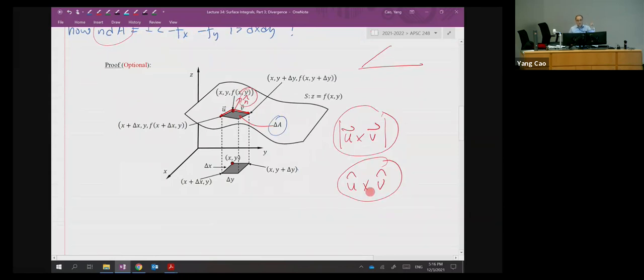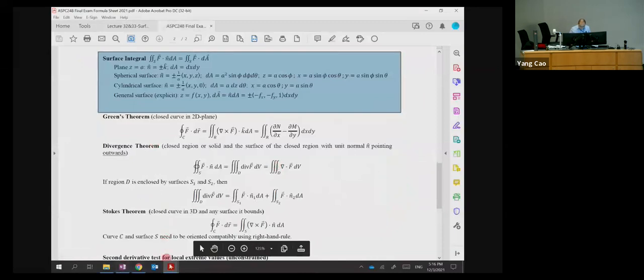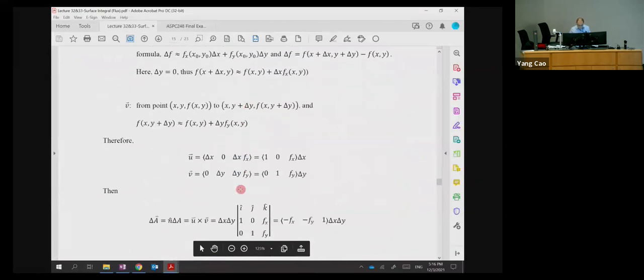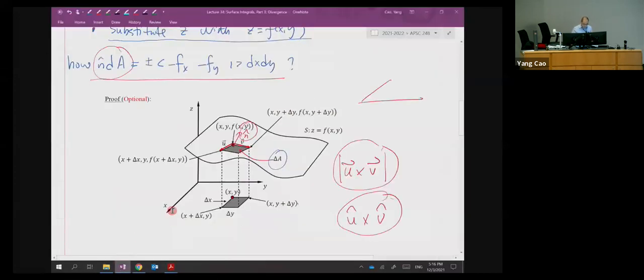We need a vector perpendicular to the location, and we need the magnitude for the small area delta A, which are all given by u cross v. If you calculate this, it ends up being just n hat dA. That's the procedure of the proof. If you're interested, you can look at the detailed proof on the next page, and you'll find that the cross product itself gives you n hat dA. So that's how n hat dA is derived.